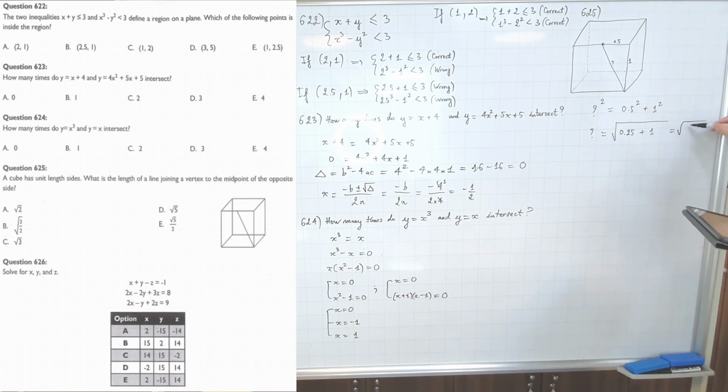So square root of 1.25. But the problem is there's nothing like that in the answers, isn't it? So we have to find a way to convert this one.